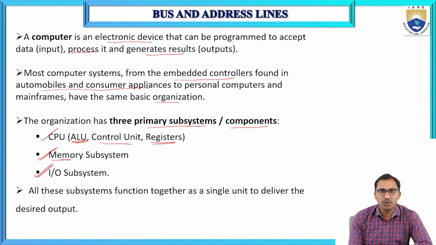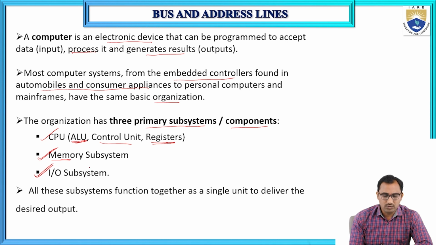The computer can accept the input data from the input devices, then the CPU will process that accepted input data, and then it will produce results. The generated results will be given to the output device for the benefit of the user.